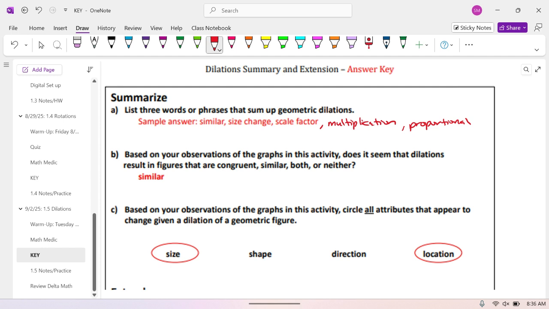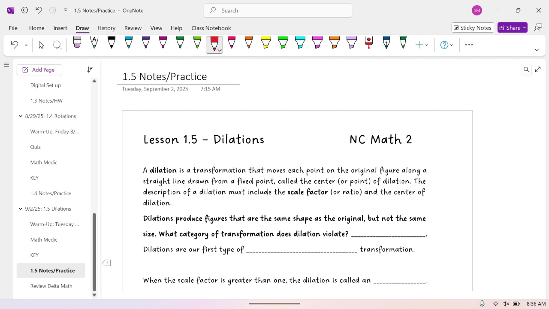All right. Now that extension part, that's kind of like your check understanding. That's for you guys to do on your own. Any questions on the discovery part of the dilations? All right. So now let's go ahead and take the formal notes. So go ahead and take out your packet and turn to page 21.